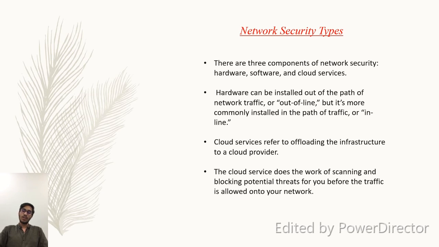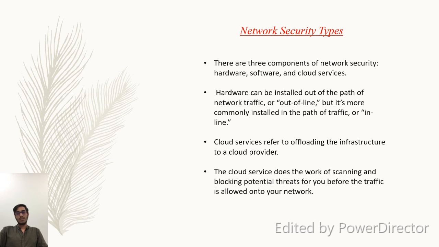Hardware can be installed in the path of network traffic or out of line, but it's more commonly installed inline. The advantage of this is that inline security applications are able to stop data and packets that have been flagged as potential threats, whereas out-of-line applications simply monitor traffic and send alerts when they detect something malicious.